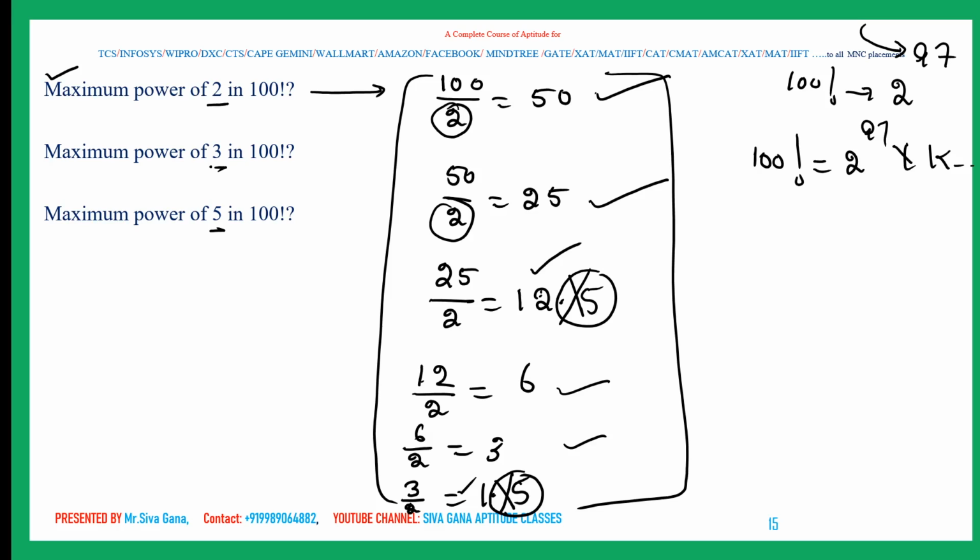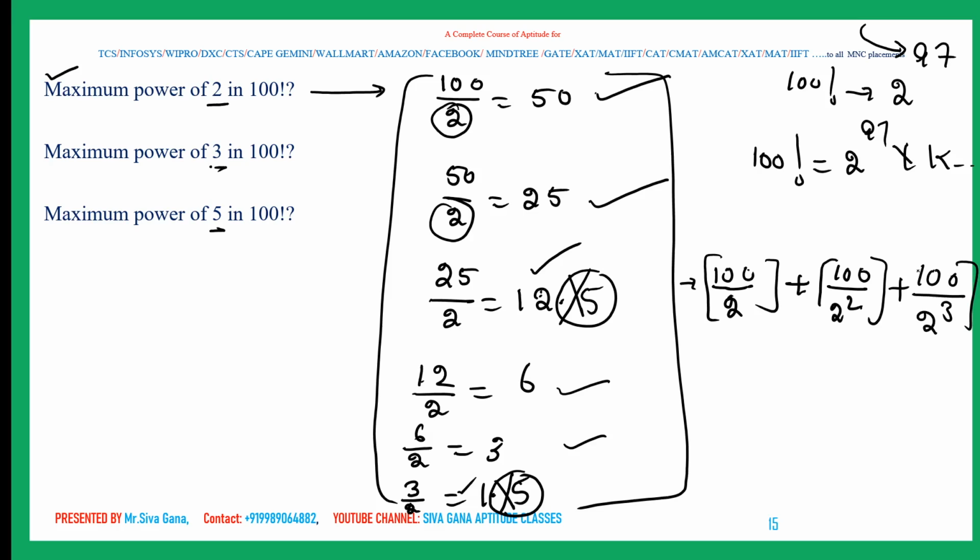This process can also be expressed in this way: 100 divided by 2, plus 100 divided by 2 square, plus 100 divided by 2 cube, and so on. This is what we did. Both will give the same answer.